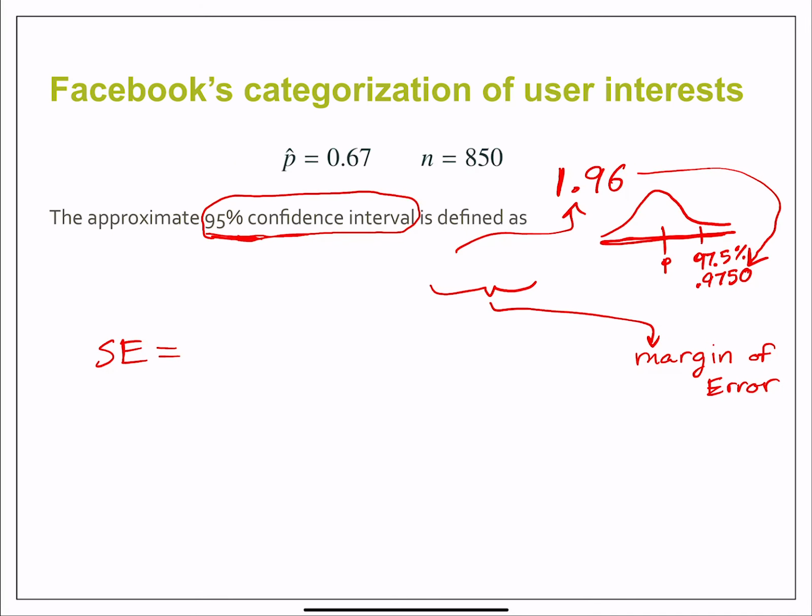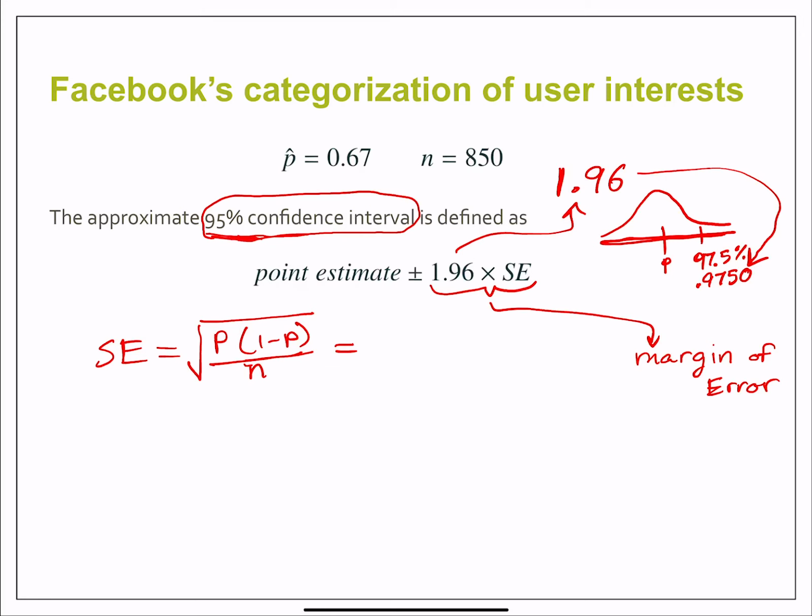So are we trying to find the population proportion or the population mean? Proportion. Population proportion. So our standard error for proportions is the square root of P times 1 minus P over N.